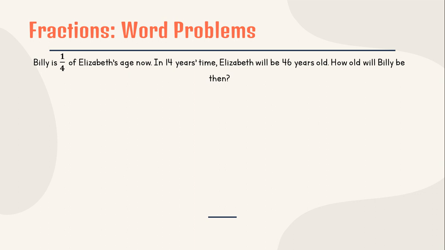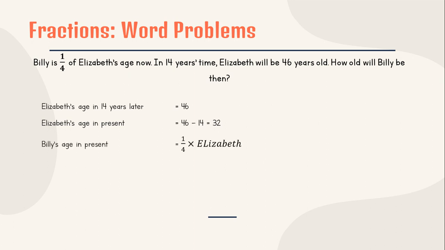You do not know, but we know that in 14 years later, Elizabeth will be 46. It means that Elizabeth's age at present is 46 minus 14 equals 32. So, Elizabeth now is 32. We know that Elizabeth is 32. Can we find Billy? Yes.